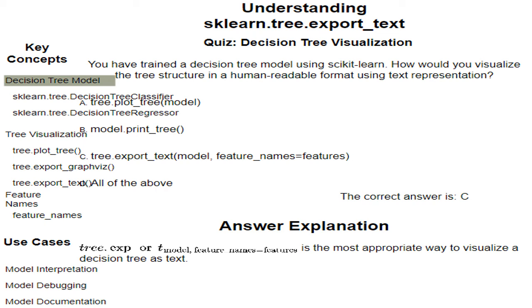Let's say we're building a decision tree model to predict whether a customer will buy a product based on their age and income. Age 25, income 500, yes. Age 30, income 600, yes. Age 35, income 700, no. Age 40, income 800, no. The decision tree might split the data based on age first, then income, and finally predict purchase based on the final leaf node.